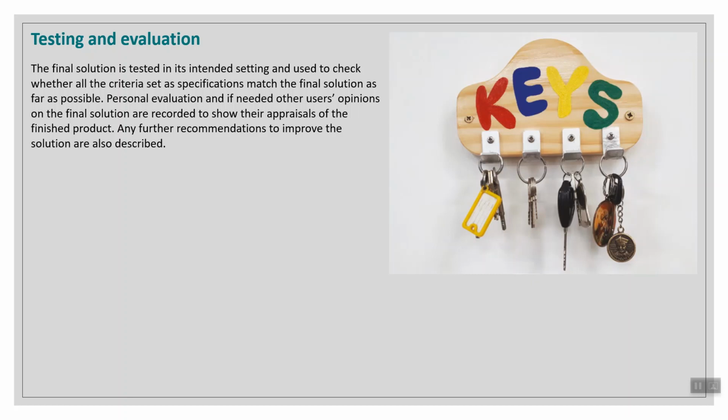I test the product. Okay, so a picture showing the product in action. The final solution is tested in its intended setting and used to check whether all the criteria set as specification match the final solution as far as possible.